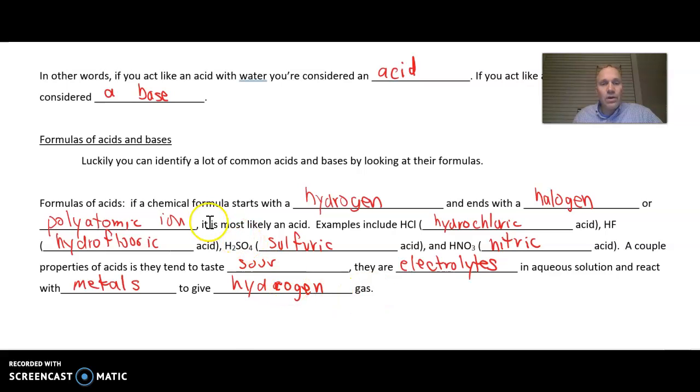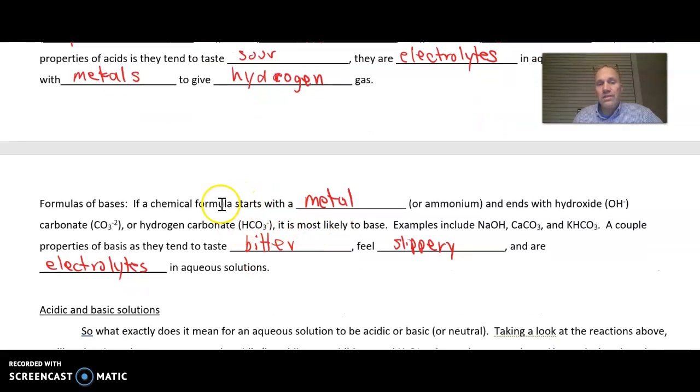So as far as the formulas for bases, the chemical either starts with a metal or ammonium and ends with either hydroxide, which is OH minus, carbonate, which is CO3, or hydrogen carbonate. So these would be the polyatomic ions.